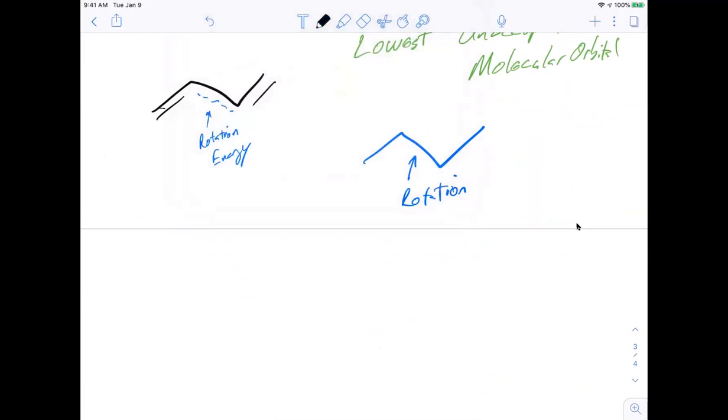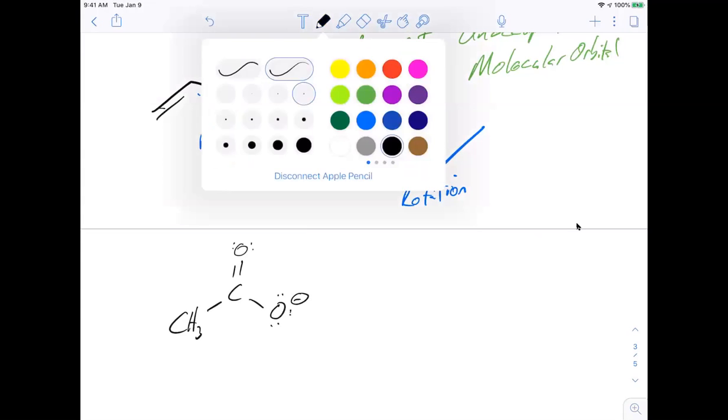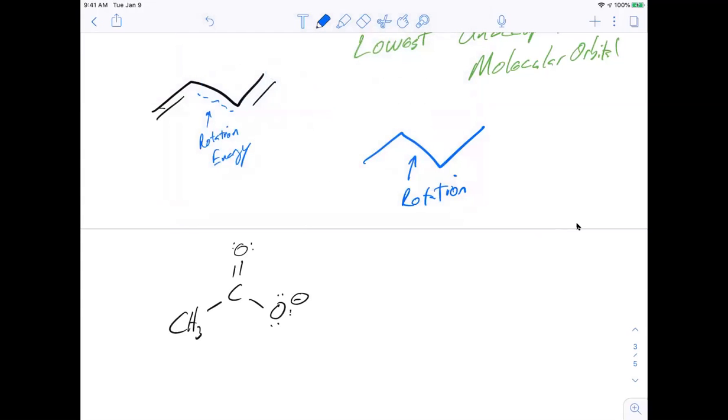A good example of this is just carboxylic acid. In a carboxylic acid, I can show my electrons moving.